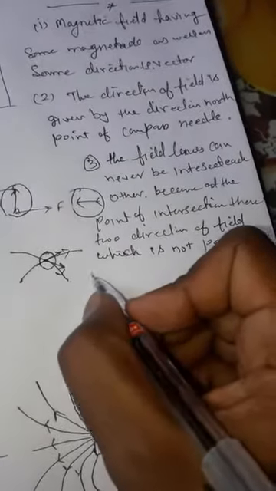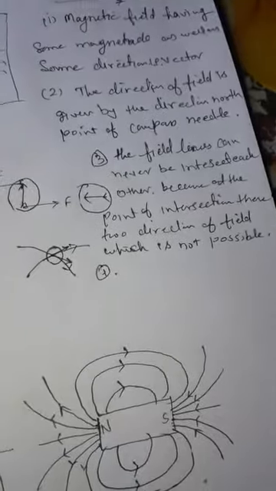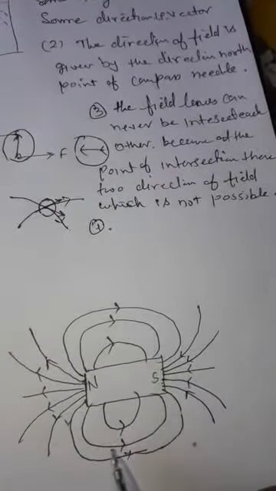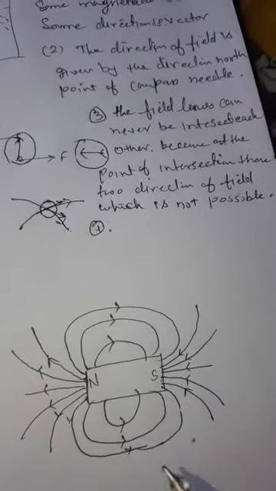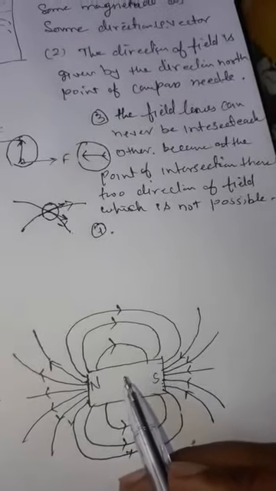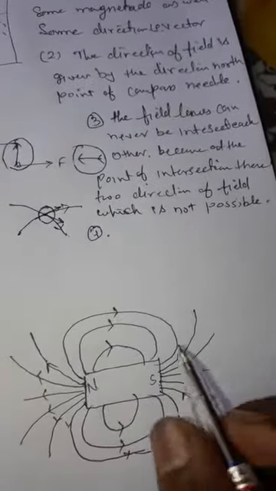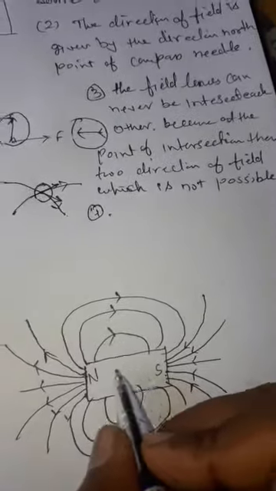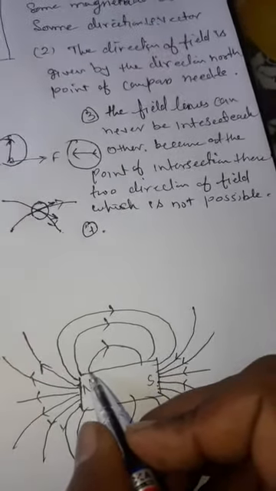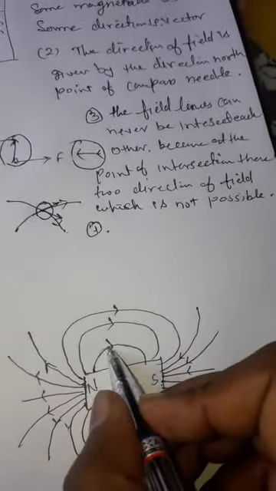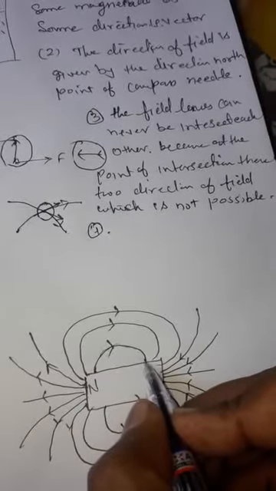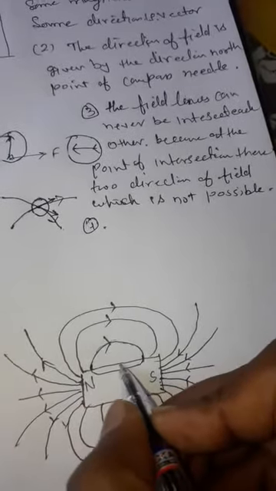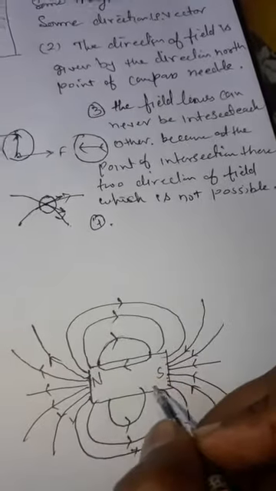Then the fourth conclusion is that these lines are outside the magnet, but it is observed that these field lines must also exist inside the magnet. Inside the magnet, if we consider this line, it also travels inside the magnet in this path, so the direction of this line is this.